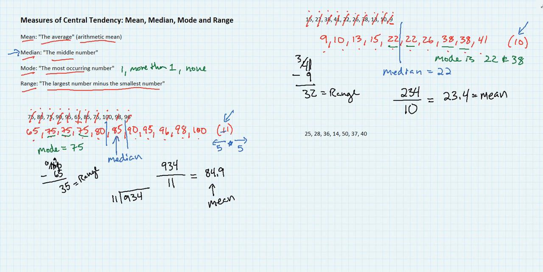The last one that we're going to look at, let's go ahead and look at these numbers, scan them real quick. Notice that 14 is the smallest. After 14, I jump up to 25, then 28. Then I see a 36, 37, 36, 37, and a 40 and 50.